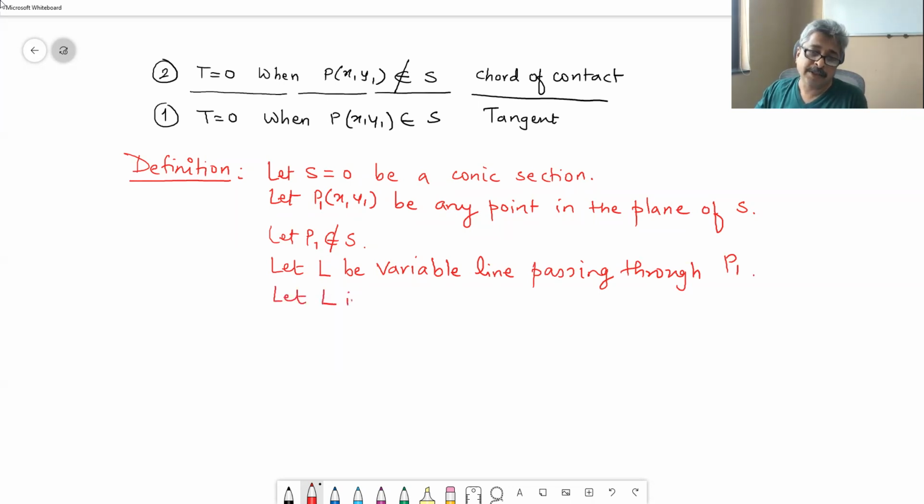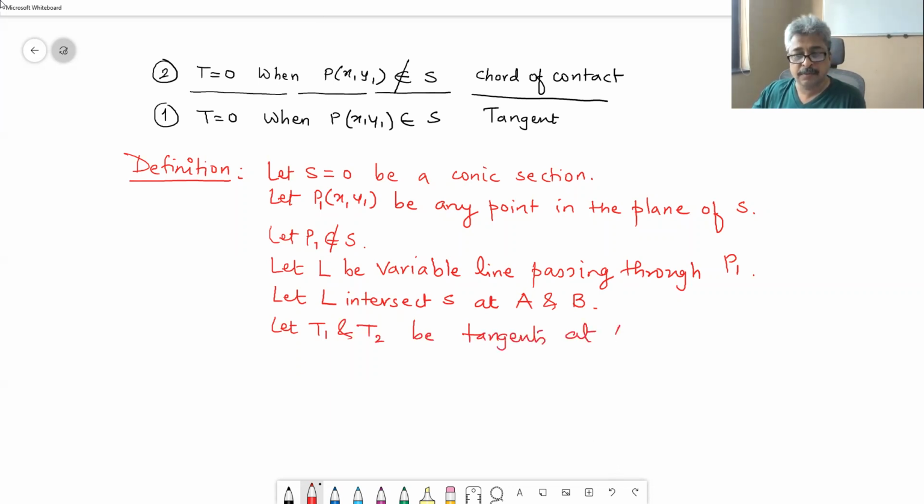Let L intersect S at A and B. Let T1 and T2 be tangents at A and B respectively to S. Let Q be the intersection of T1 and T2.